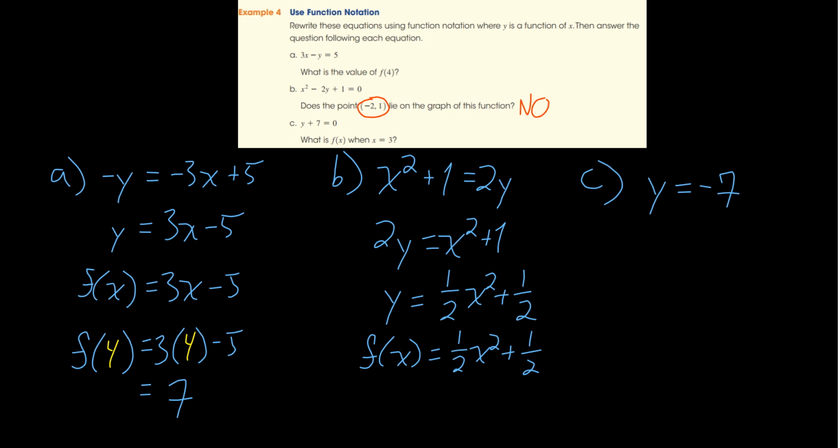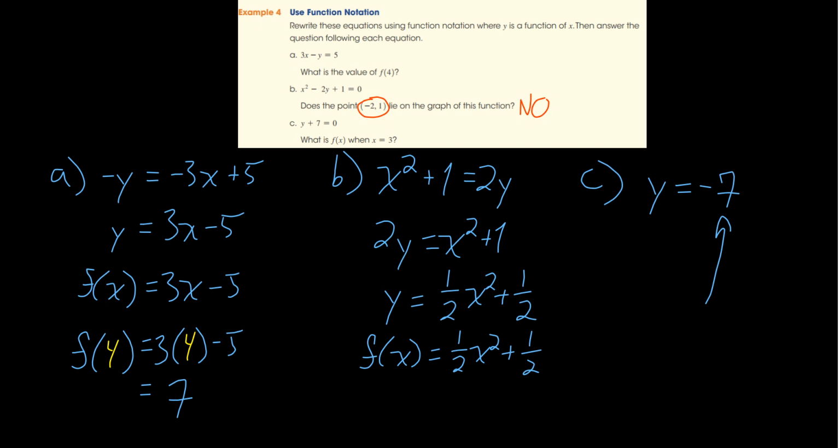So this is saying, what is f of x when x is equal to 3? If I were to solve this like I do any function, what would I do? I would plug in 3 for x. Do you see an x here? No, so I can't plug in 3 for x if an x does not exist.